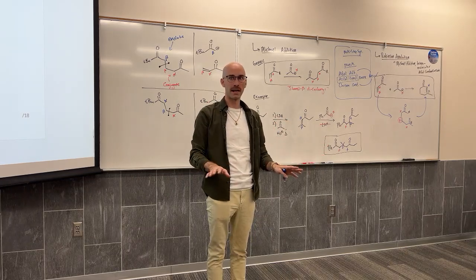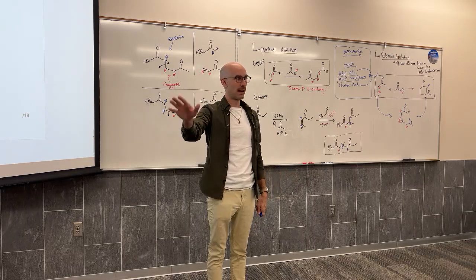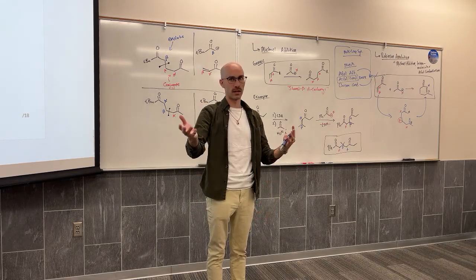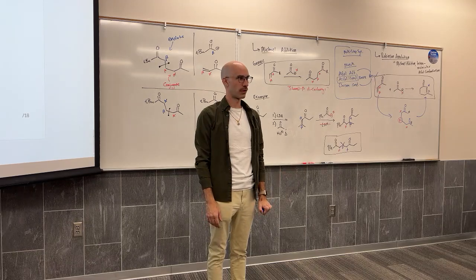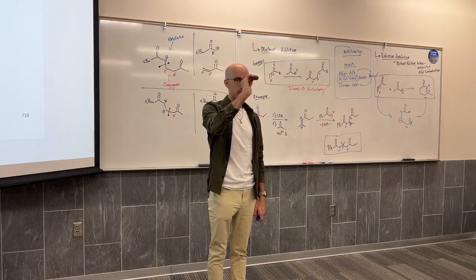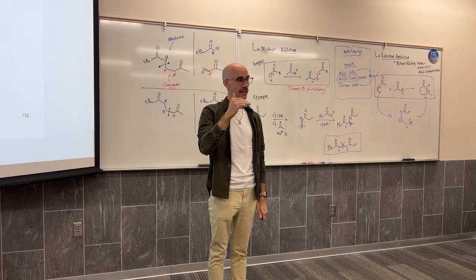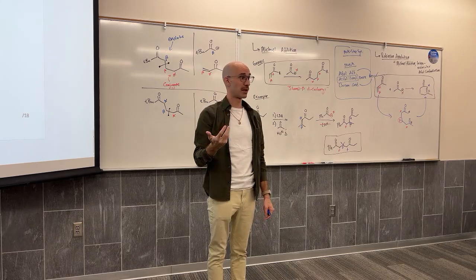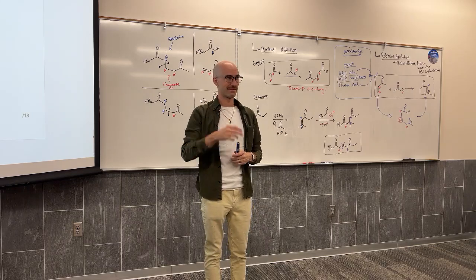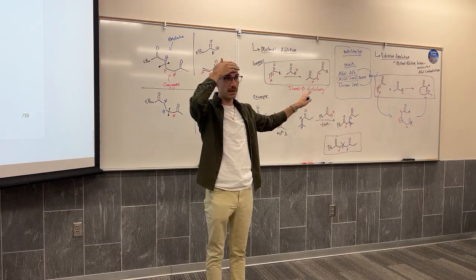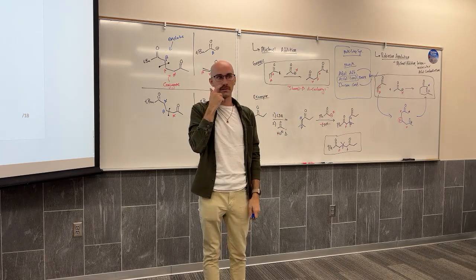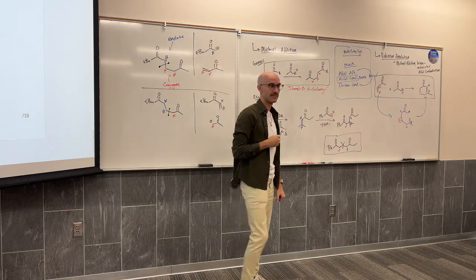Otherwise it becomes really messy on saying Matt got a 10-step mechanism and Roth got a 5-step. How do I grade with the same number of points for those? So I want you to pay attention to those bullet point lists that I put there. If it asks you for resonance, make sure you show resonance. Okay? Not challenging mechanisms by any means, just maybe a lot going on with the structures.